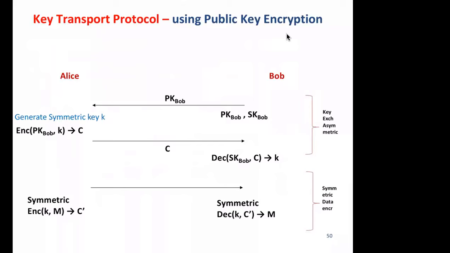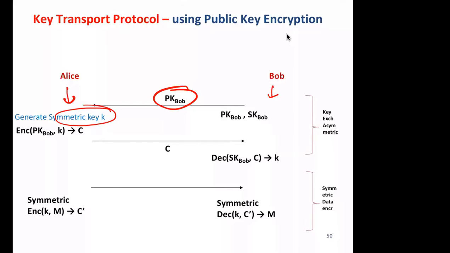For example, Bob sends his public key to Alice, and Alice generates a symmetric key K. Now it's Alice's responsibility; earlier in Diffie-Hellman, both collaborated to compute the symmetric key.